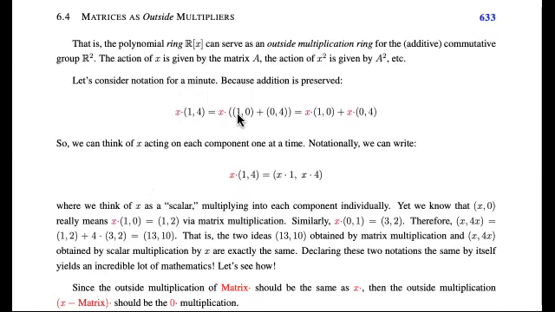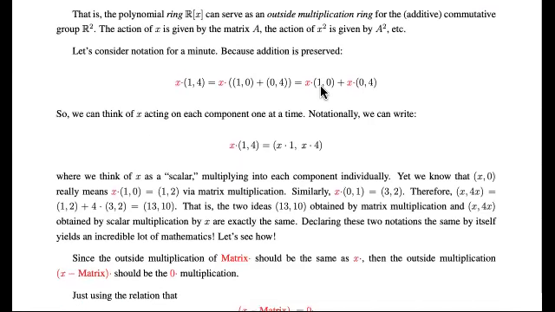Okay, let's look at notation for a minute. So x times this, we can think of it this way, splitting it up: (1, 4) we can split as an addition, (1, 0) plus (0, 4), and x distributes over the different parts. And notationally, this can actually be written as (x, 4x).